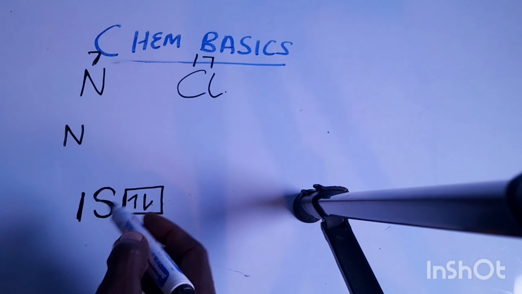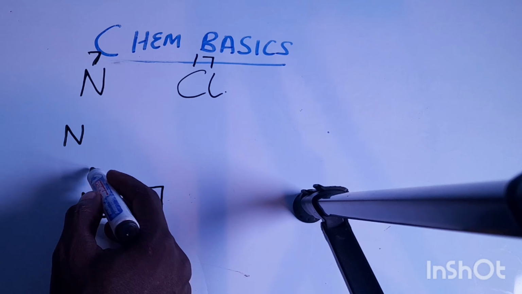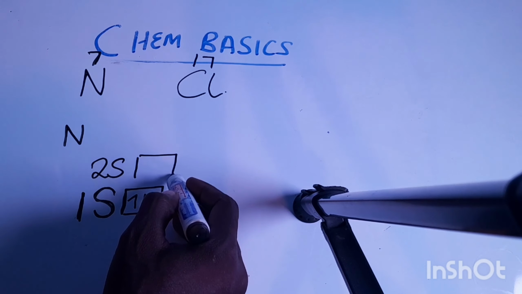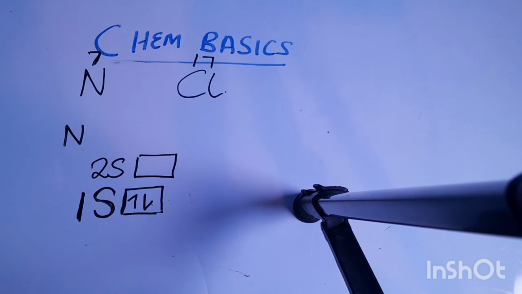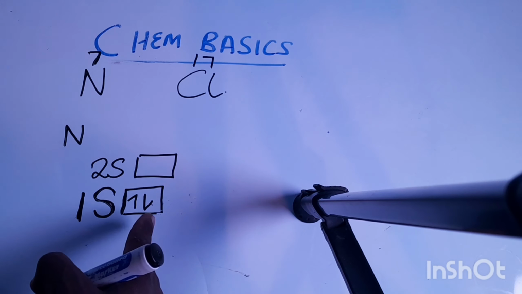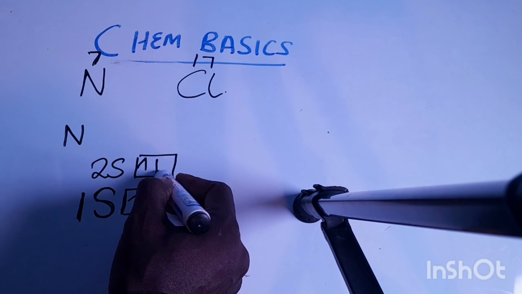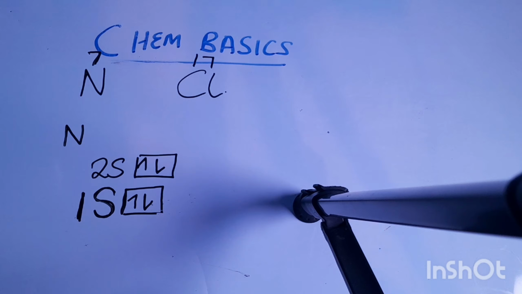Then we move to the second energy level, the 2s, which is also filled by 2 electrons. From 7, we removed 2, so we are left with 5. Filling 2 here, we are left with only 3 electrons from 7.